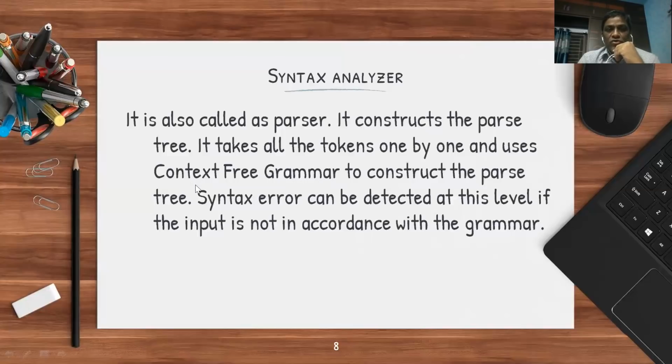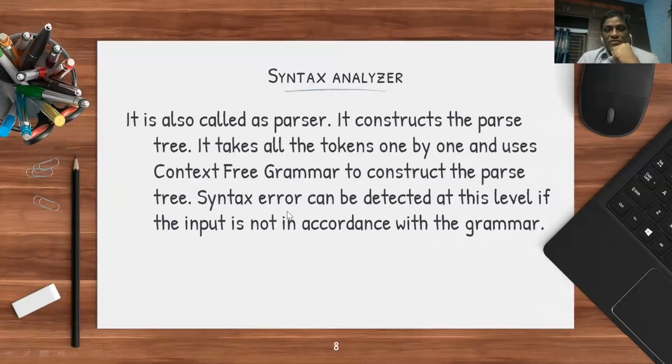So do you know how to build or how to write context-free grammars? Yes, we learned this also in formal languages and automata theory, right? So with the help of the context-free grammar written and with the help of the constructed parse tree, it verifies whether the tree is syntactically correct according to this CFG written for the corresponding language or not.